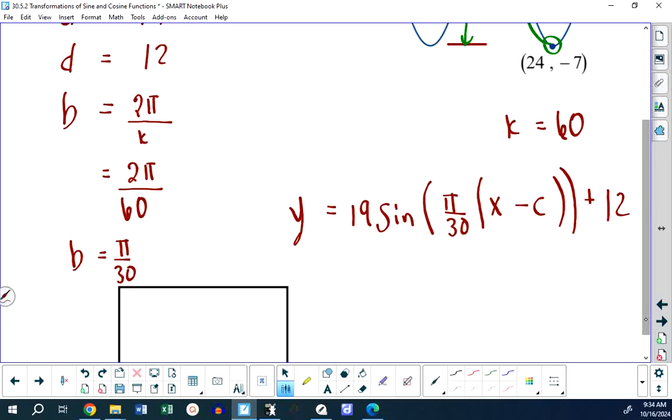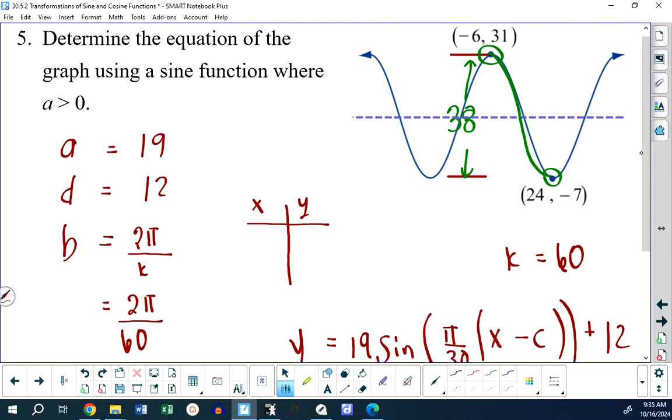How do you identify the value of a missing parameter? You always use a known point. And if you use any of the points that I'm going to highlight, you can find C. If you knew any other points, coordinates, you will never be able to find C this way.